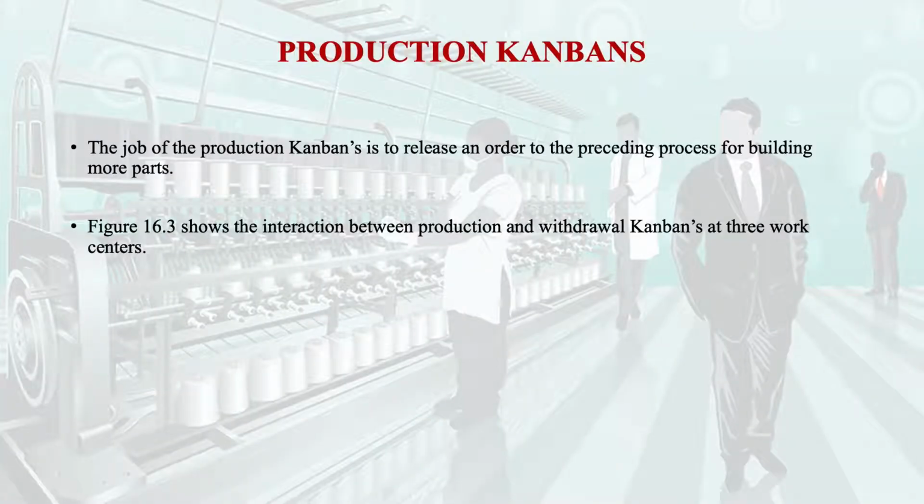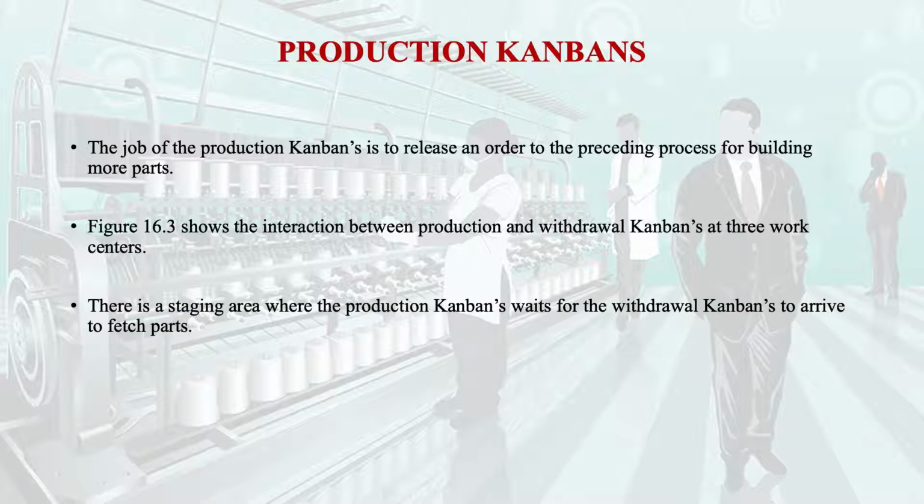Now I just want to show you another figure which depicts the interaction between the production and the withdrawal Kanban in all the 3 work centers. In case of production Kanban, there is a staging area where the production Kanban waits for the withdrawal Kanban to arrive to fetch the part.